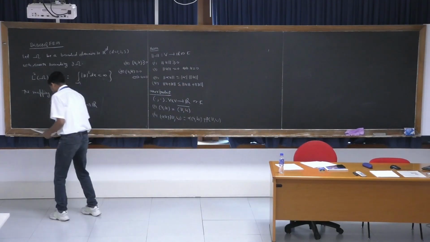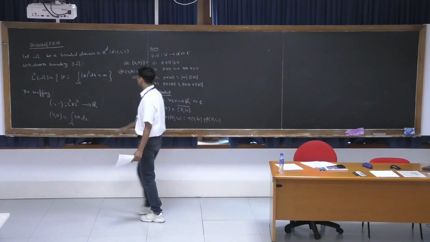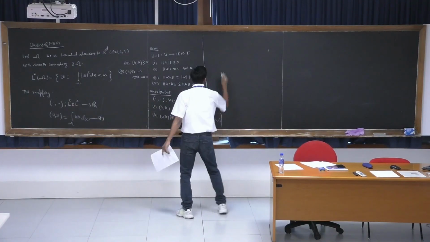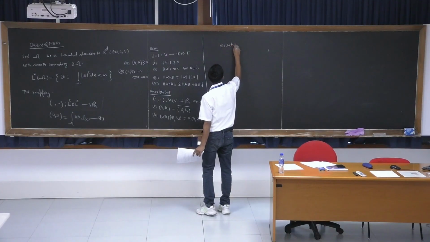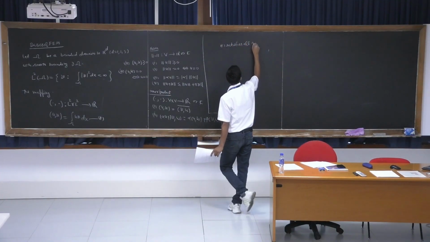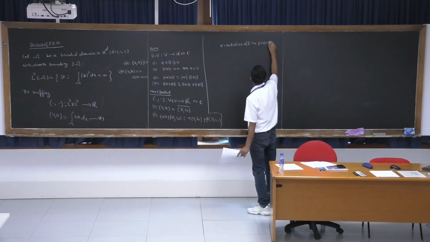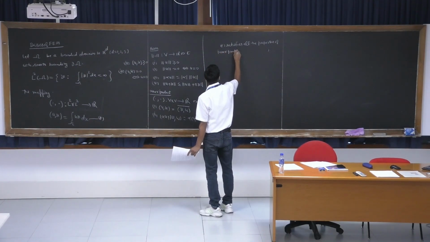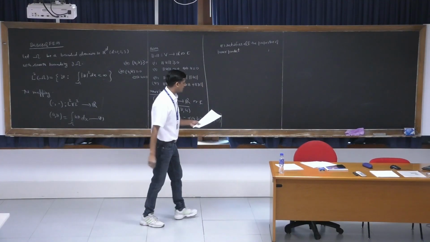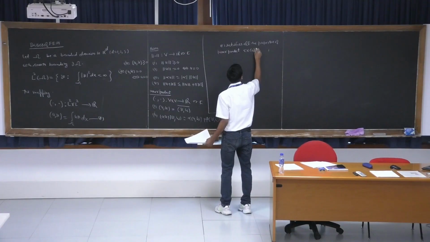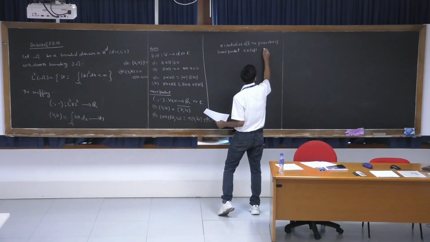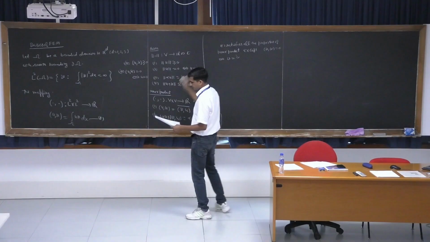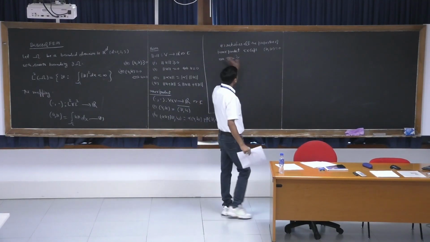So this star satisfies all the properties of inner product except this one: inner product of v with v is equal to 0 implies v is equal to 0. So this doesn't satisfy.